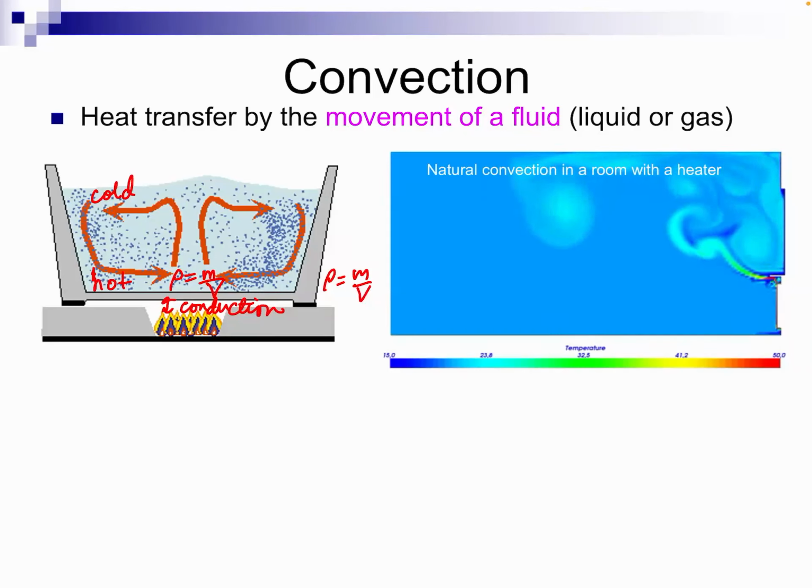And that's how they bring energy or heat throughout the room. The colder air particles tend to sink because of the difference in densities of warmer and colder air.